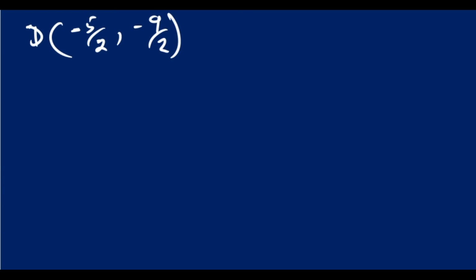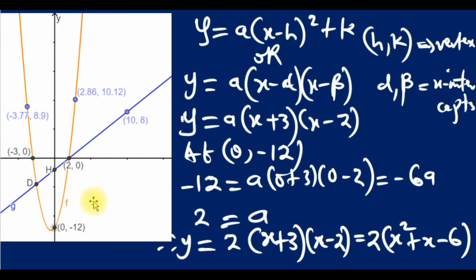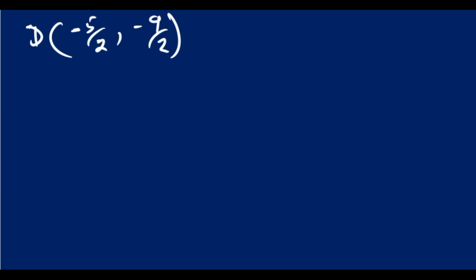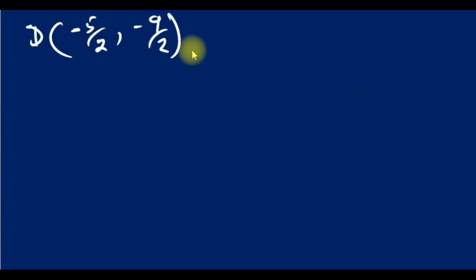The other point is not valid, because when x is 2, y is 0, which from this graph is wrong, because this is the negative side of x and negative side of y. So the best coordinate is when x is minus 5 over 2, y is minus 9 over 2. So that is the answer.